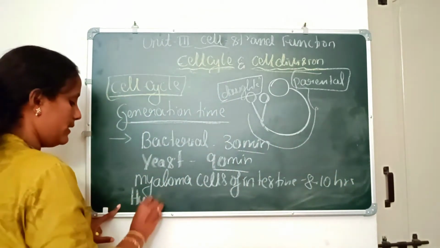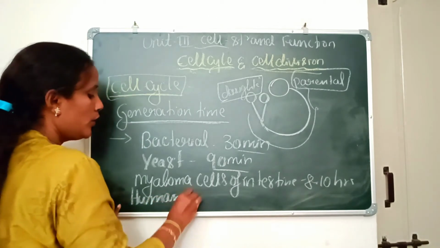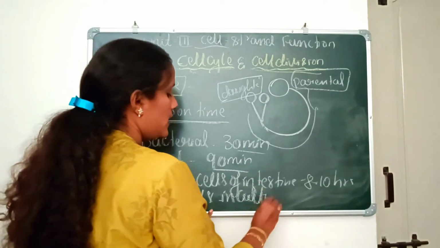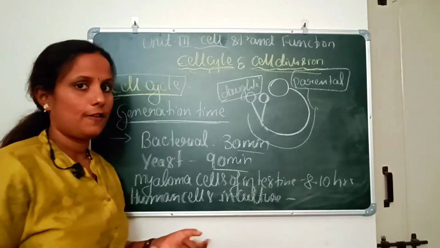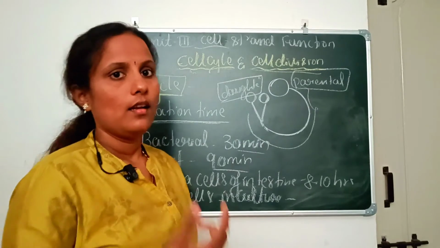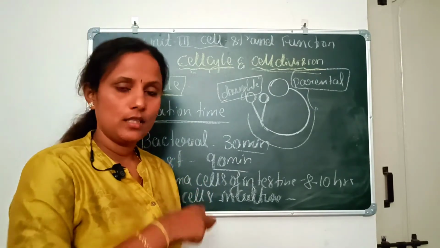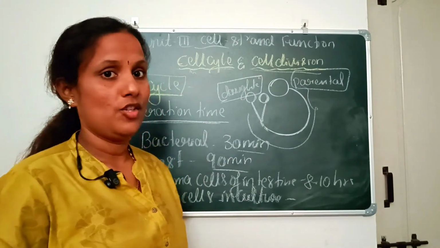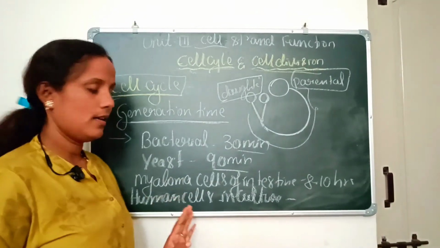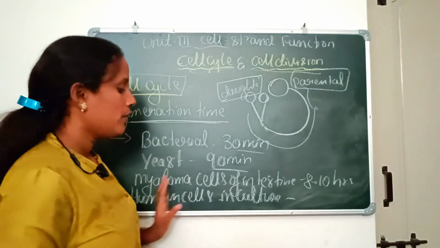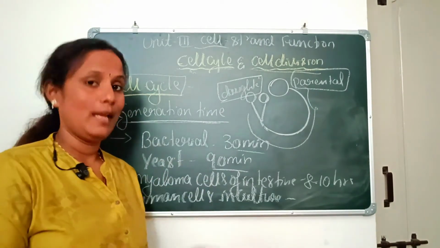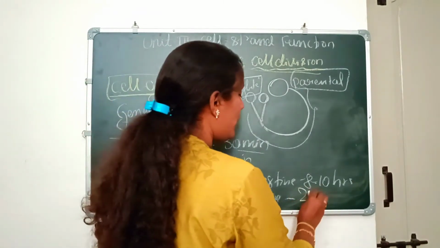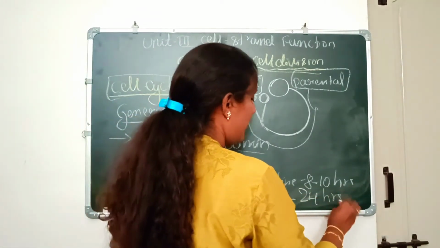Whereas human cells in a culture, that means if we take cells from us, if we take the human cells out and grow them in a laboratory condition, we call it as in culture. So when we grow the human cells in a laboratory condition, they will take approximately 24 hours to divide.